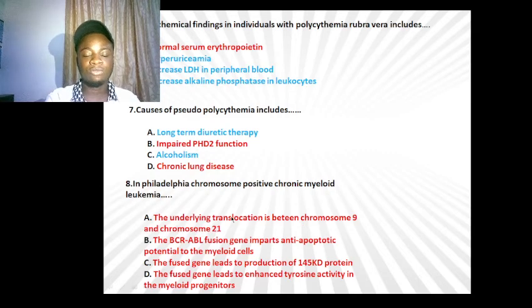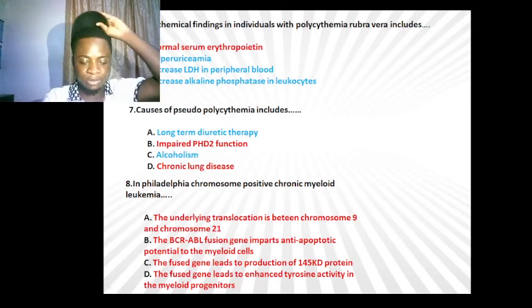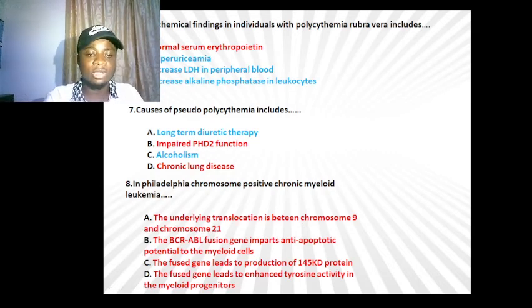If you have watched my video on chronic myeloid leukemia, the mechanism of Philadelphia chromosome translocation: the translocation is not between 9 and 21, but rather between 9 and 22. Okay, 9 and 22, very, very important, to form the Philadelphia chromosome. So this is false.